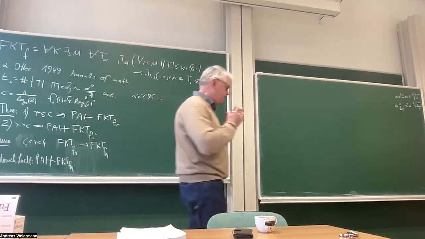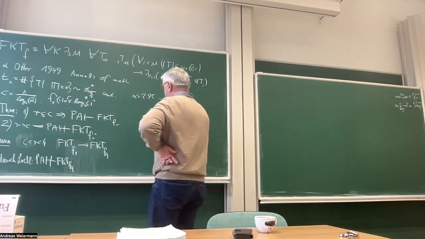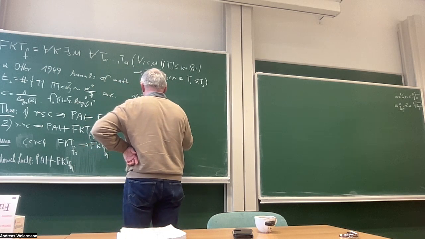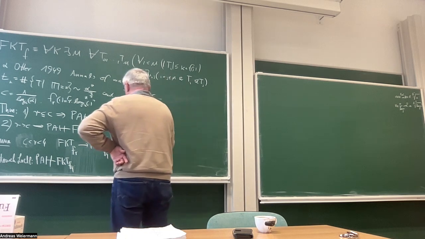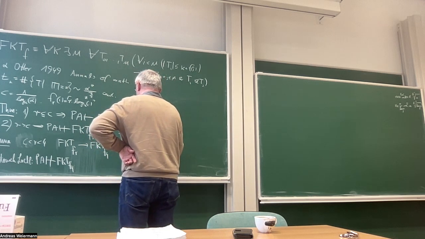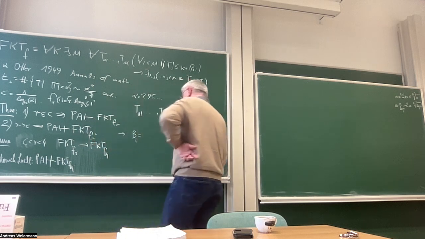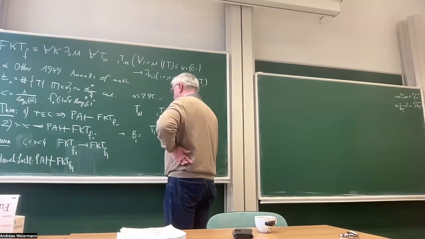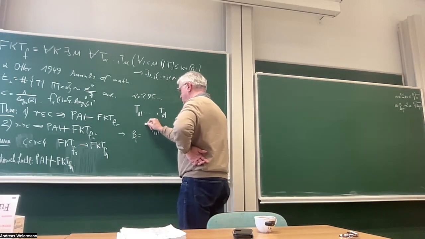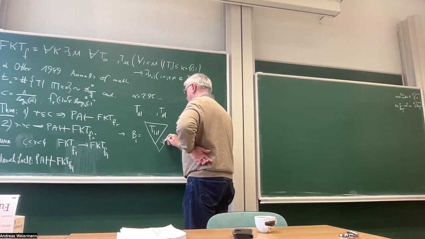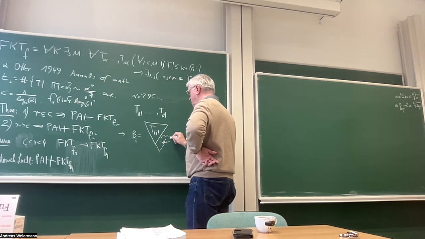So what was the basic idea? We started with some sequence of trees. And then we moved it to the new sort of trees. And the new sort of trees was basically what? We took T, we took the binary length of I. Here we had special tree for degree m plus 1.